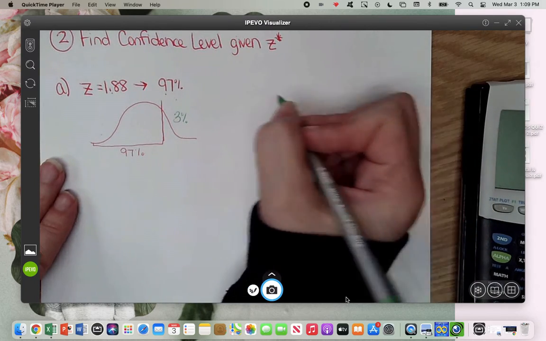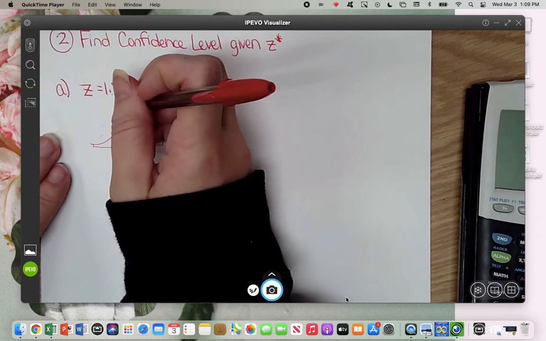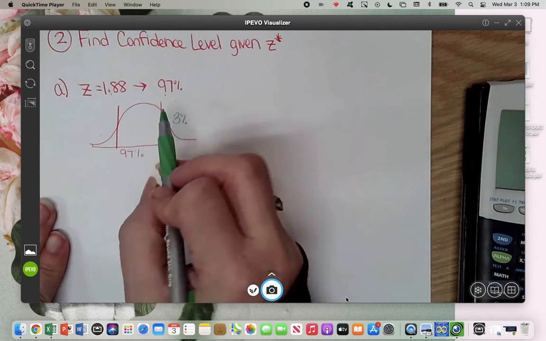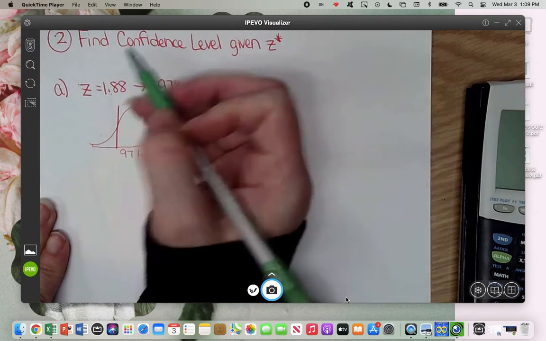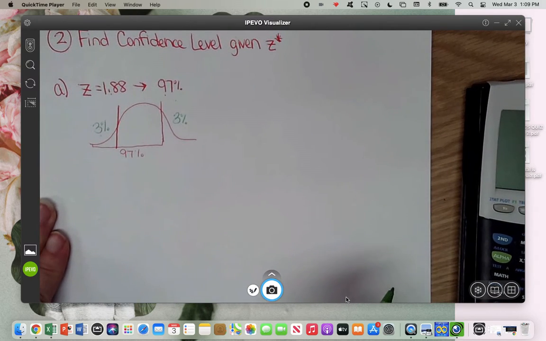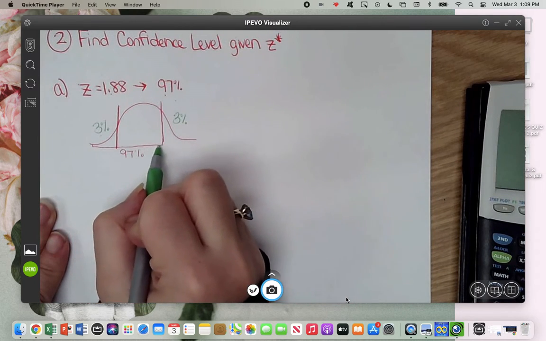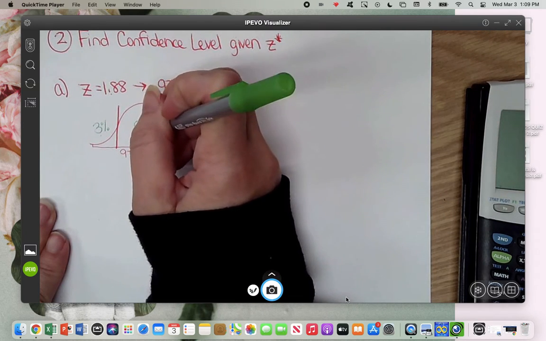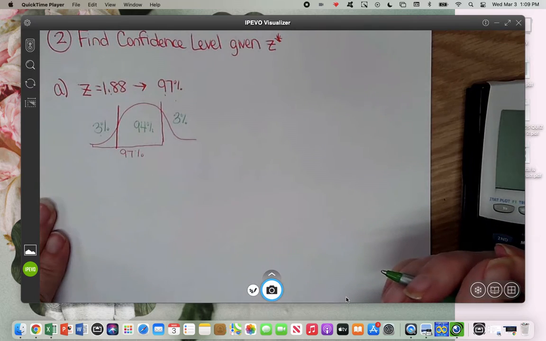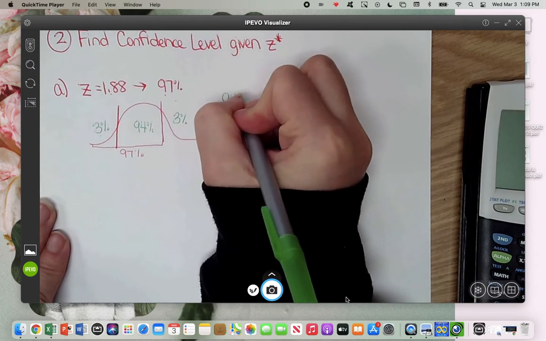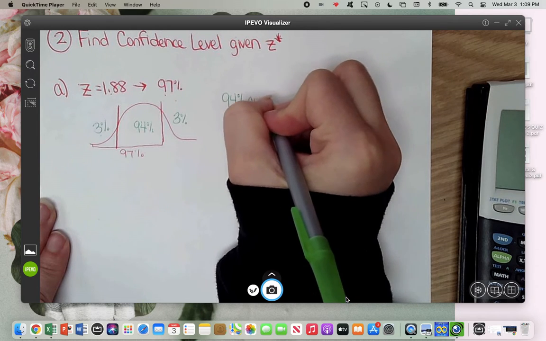Then remember, for your confidence level, you have a lower bound that matches because normal distributions are symmetric. So if this is a 3% tail, that means there's a 3% tail over here that we really don't want. So the whole thing is 97, but we want to take out this 3, so that middle chunk is actually 94. And so this is actually a 94% confidence level.